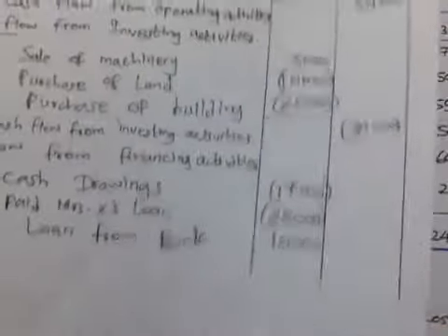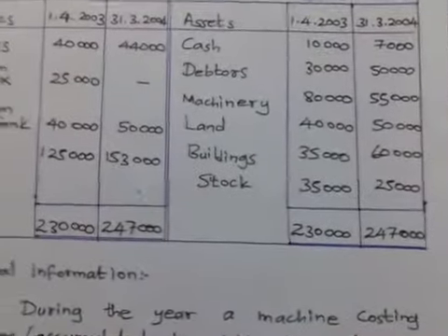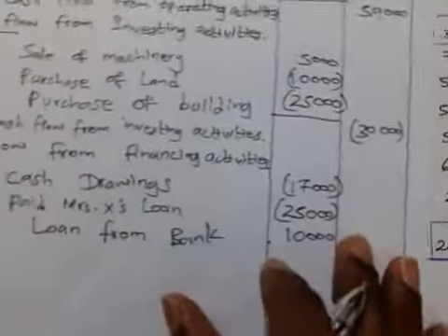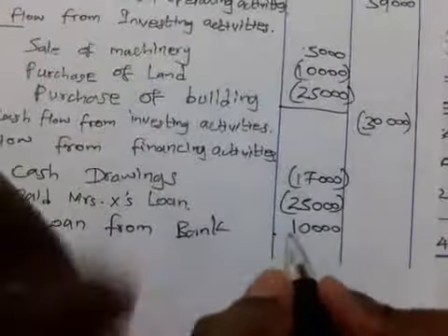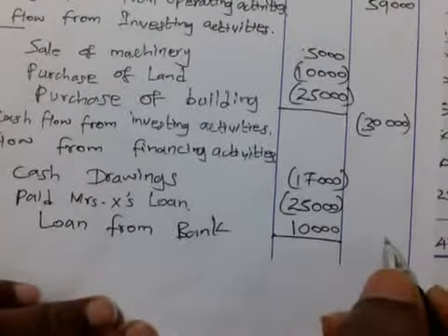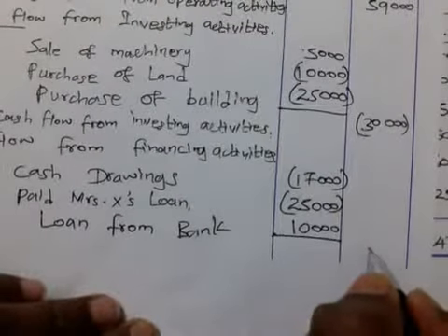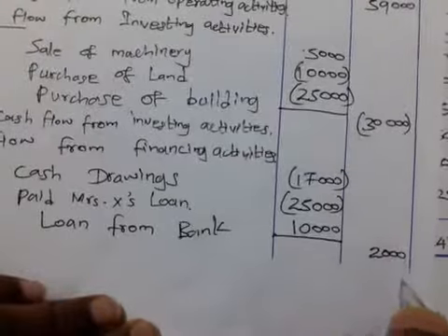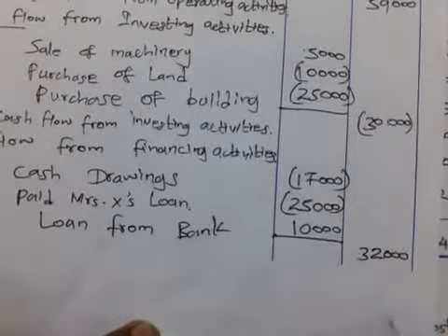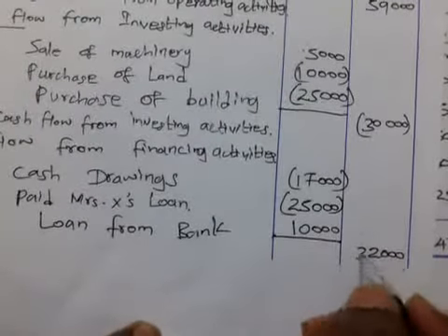So we added all financing activities, so we'll calculate the amounts. $32,000 minus.